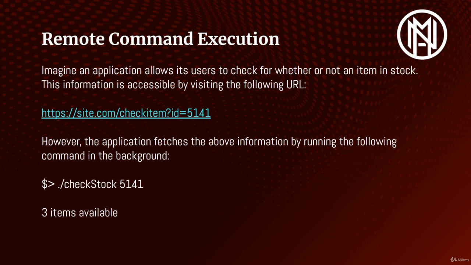So if you're looking for the ID 5141, our assumption is that in the backend, there's a command running another application on the host that says, run this application and give it the value 5141. It comes back and says 3 items are available, and that's what's given to the user.